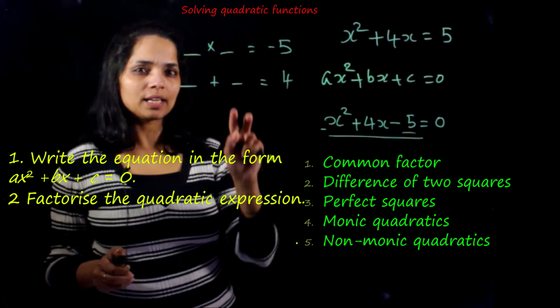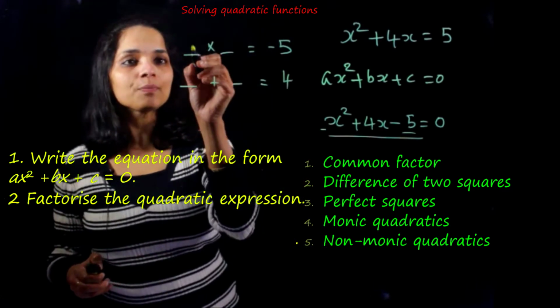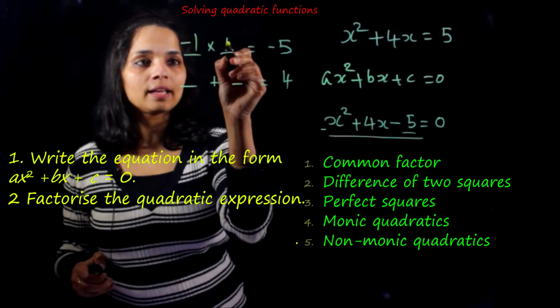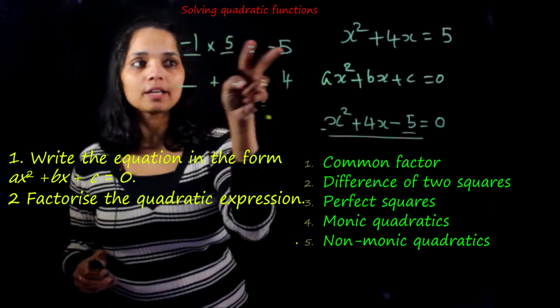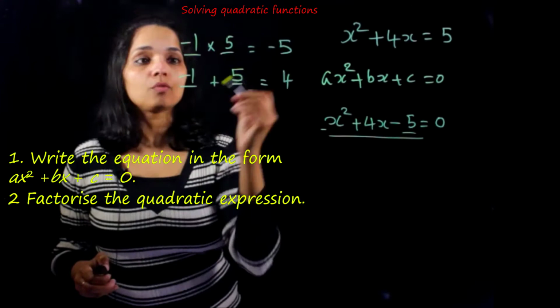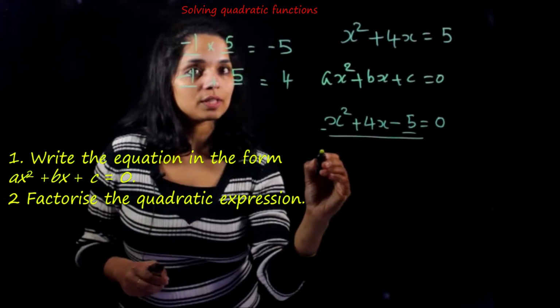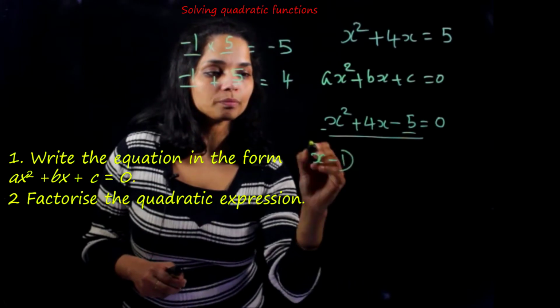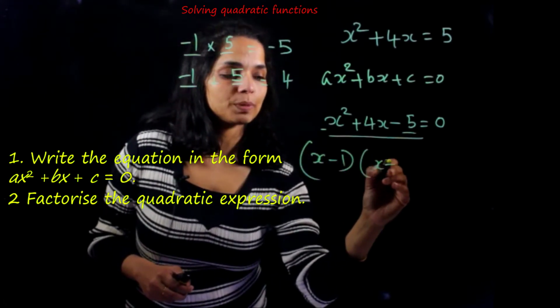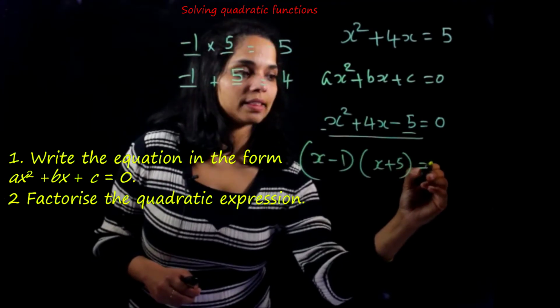With a little bit of trial and error, you can see that those numbers are minus 1 and 5. They multiply to give minus 5 and they add to give 4. So now you can factorize using these two numbers. That's x minus 1 times x plus 5, the factors of this quadratic expression, and that equals 0.